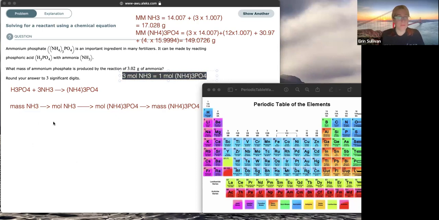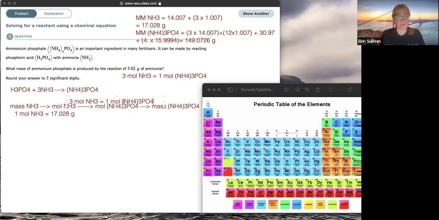All right, so to get between mass and moles of ammonia, it's going to be 1 mole of ammonia equals 17.028 grams. So just use the molar mass as an equivalency where that arrow is. Then to get from moles of ammonia to moles of ammonium phosphate, there's our mole ratio.